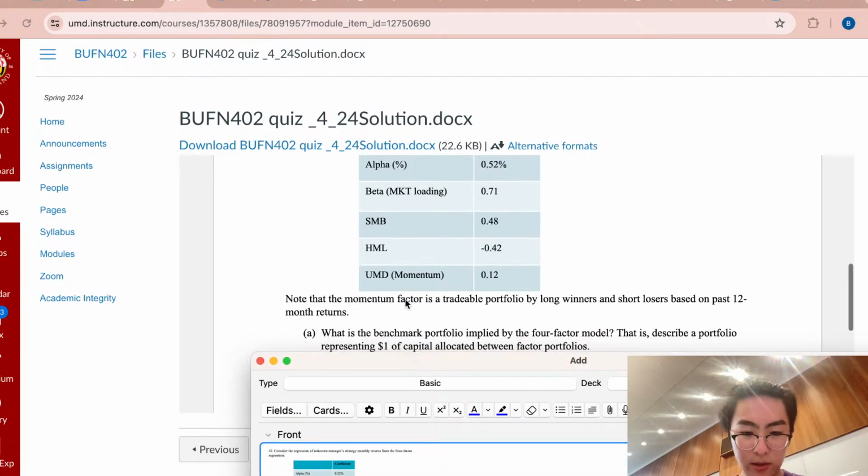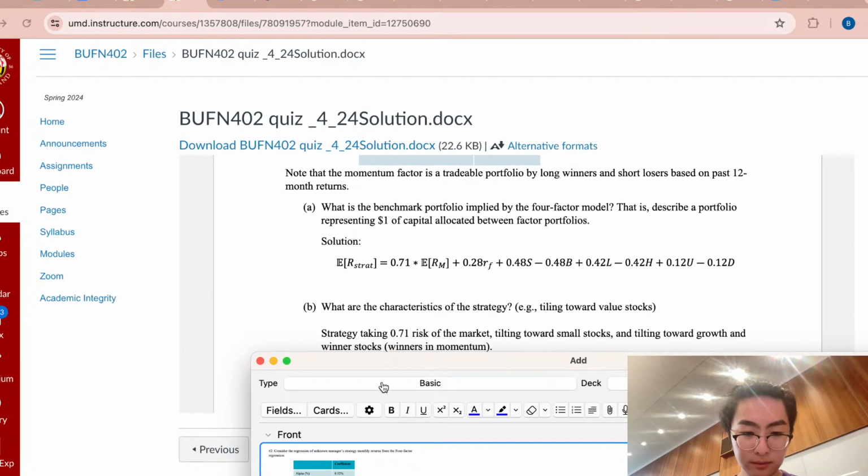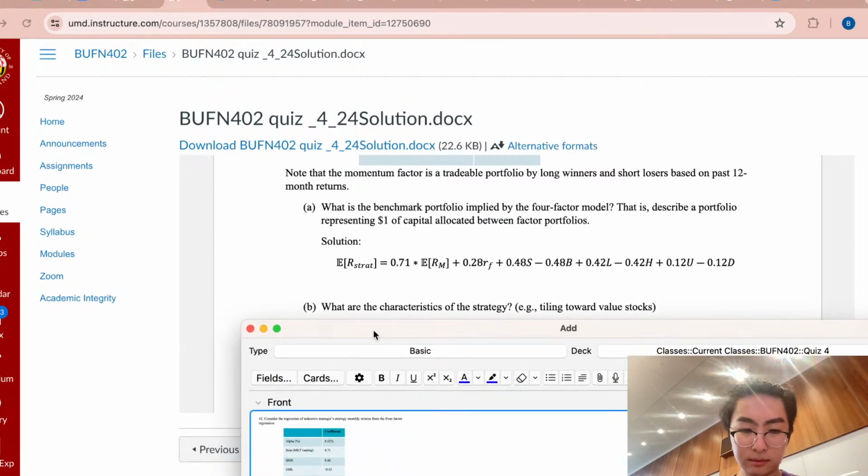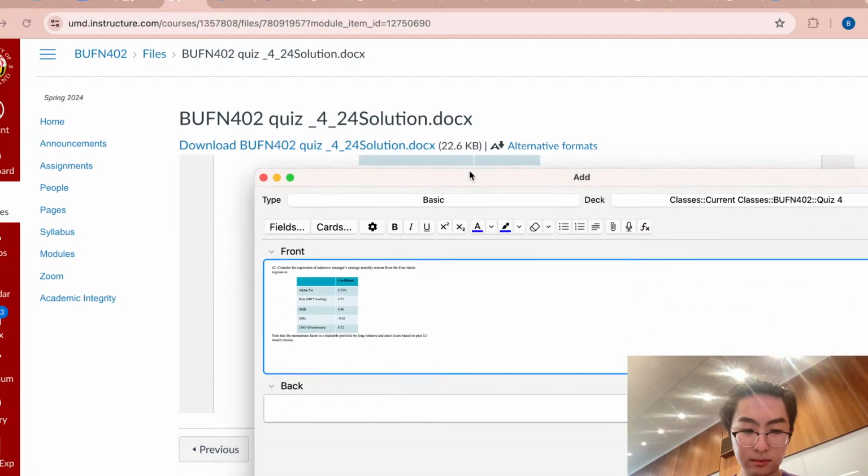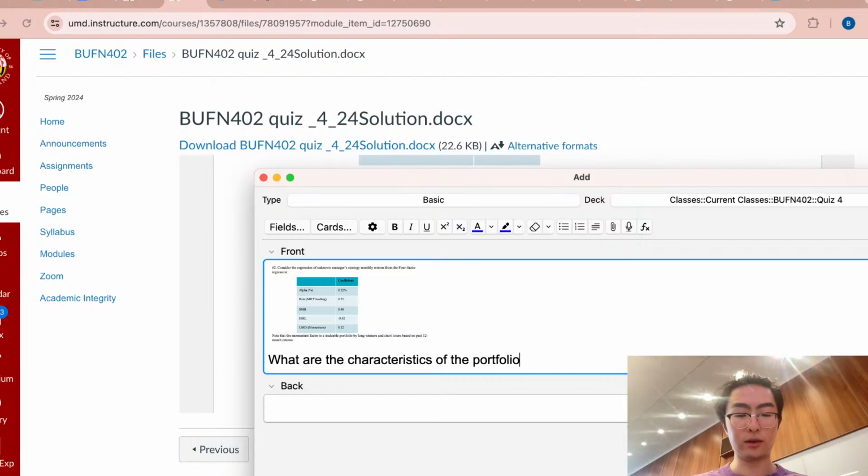Alright, I think the second question here was: what are the characteristics of the portfolio above? For example, tilt toward value stocks.